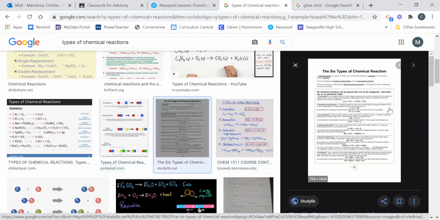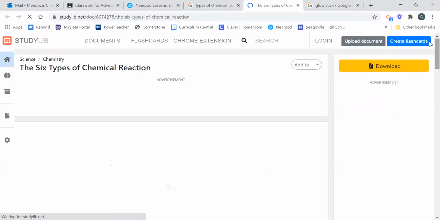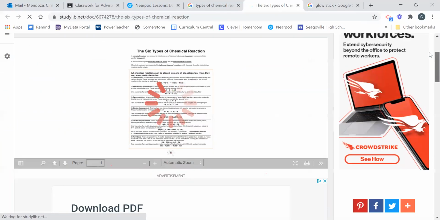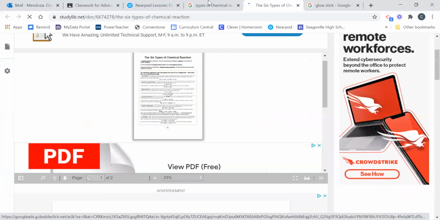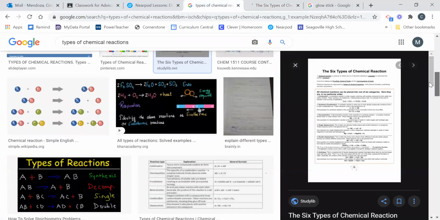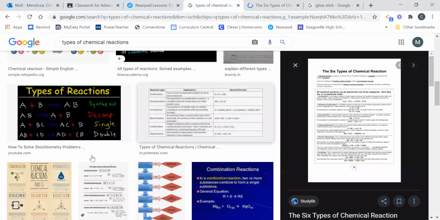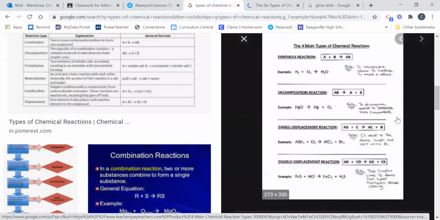I told them not to say that it's because it's on the test, but to actually give me a reason why it is good to know the different types of reactions. All of these are good examples.